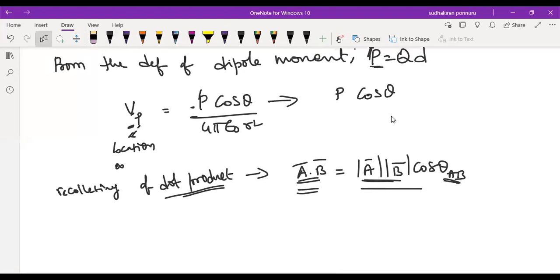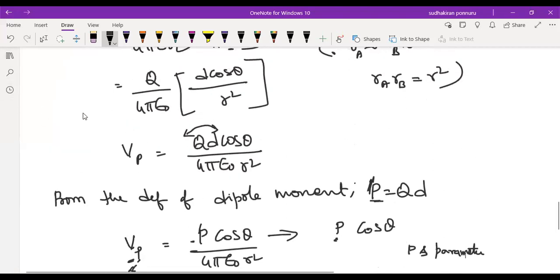Here you are having P. So what should be the value of theta? This theta should be the angle between P and one more vector. So what is that vector?